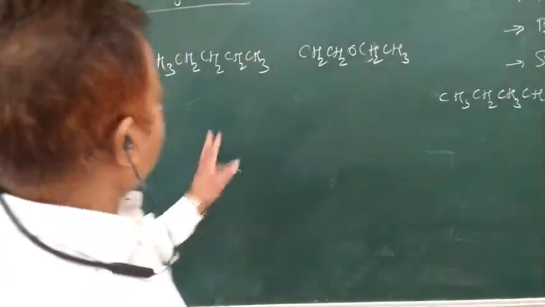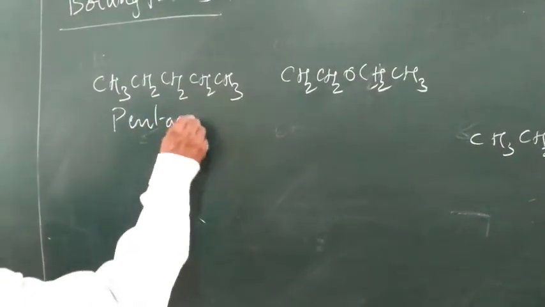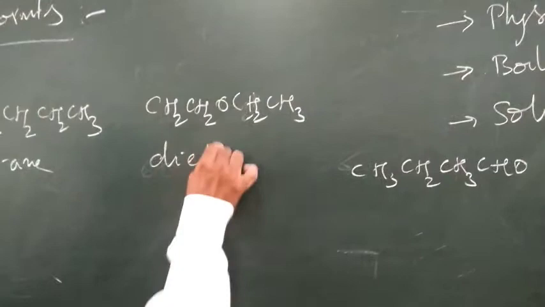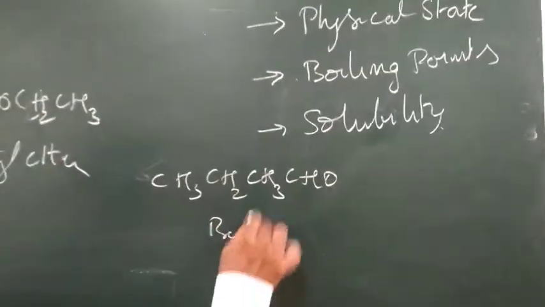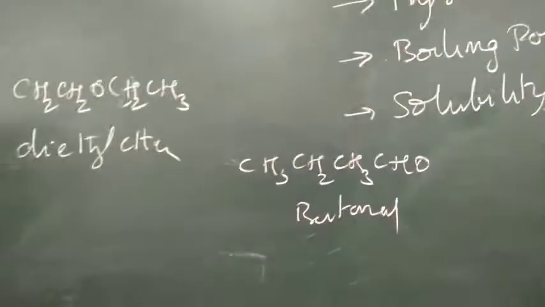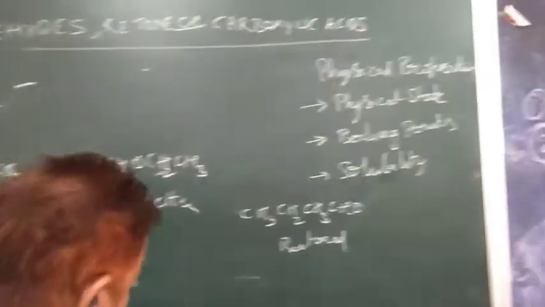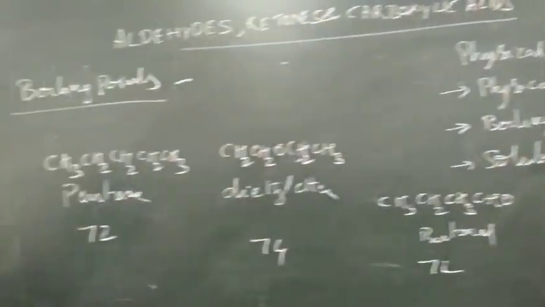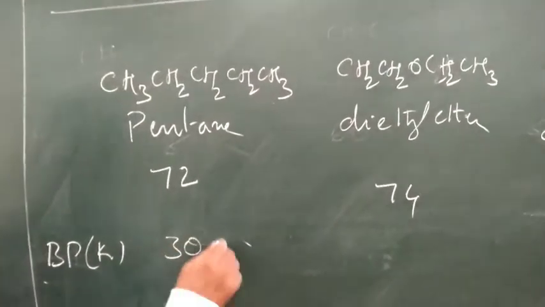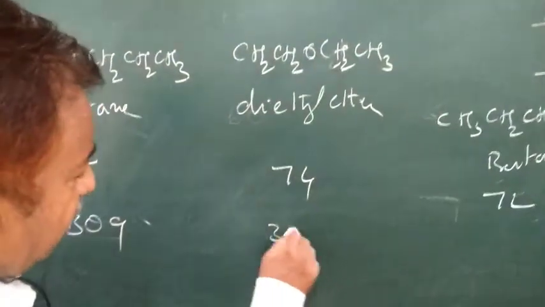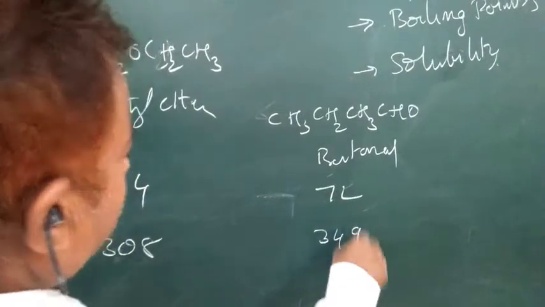Now let us see one more example. This is pentane, this is diethyl ether, and this is butanal. Now what are the molecular masses? 72, 74 and 72. Then the boiling points in Kelvin: this is 309 here, this is 308, and here 349.